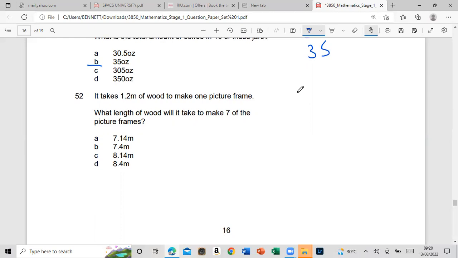How much material would you need to make 7 of it? Sir, 8.4. 8.4. Very good.